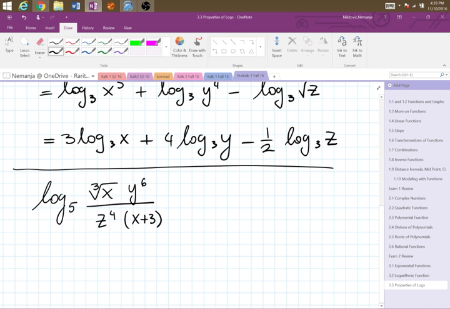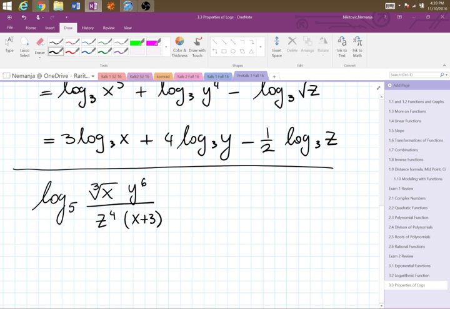So there is the issue with this additional x plus 3 in denominator, and I will emphasize one more time, in denominator.